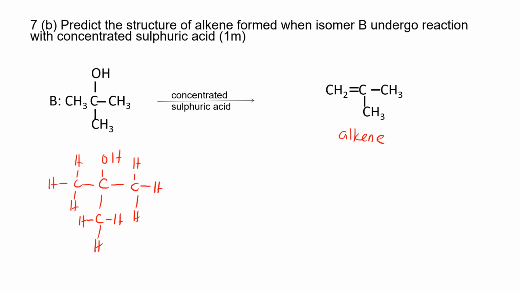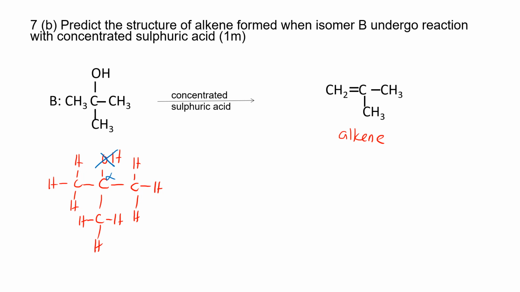After that, we can label this as the alpha. This is a dehydration process where we remove H2O. For the alpha carbon, we remove the OH, and then the beta carbon will remove the H.